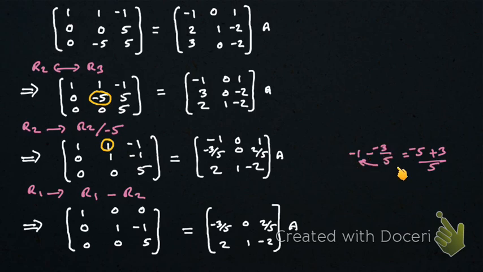And I take LCM. When I take LCM, it's minus 5 plus 3. And minus 5 plus 3 is negative 2 by 5. So I wrote negative 2 by 5 here. The next element is 0 minus 0, which is 0. And the last one is 1 minus 2 by 5. R1 minus R2 is what I am doing. So 1 minus 2 by 5, which is 5 minus 2 by 5, which is 3 by 5 here.